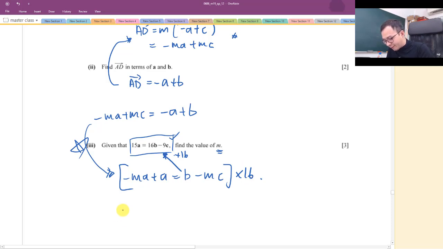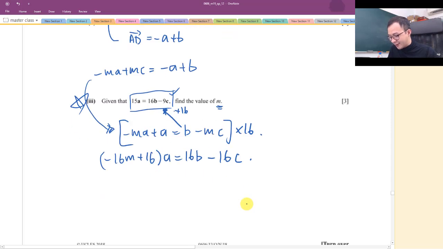So I will get, I factorize out the A, negative 16M plus 1 plus 16A equals to 16B minus 16C. Oh sorry, this is MC, right?